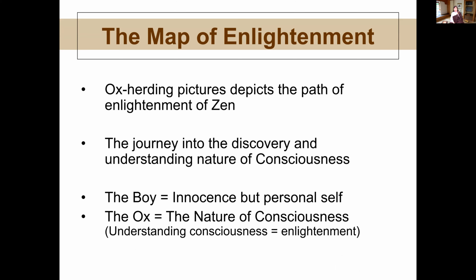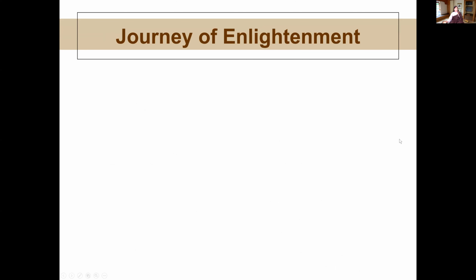And when you fully come to understand and manifest the nature of this consciousness, it's called enlightenment. So it's basically a journey into discovering a part of yourself that is universal, but at the same time, personal.